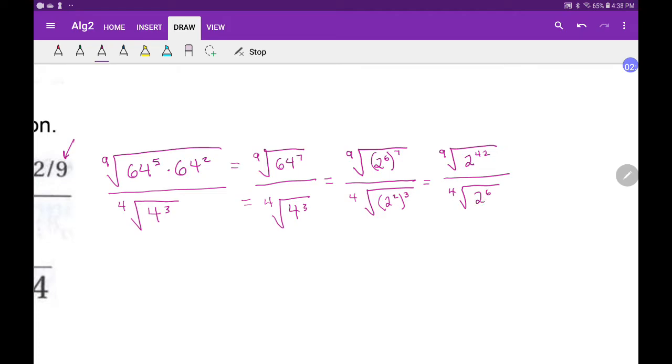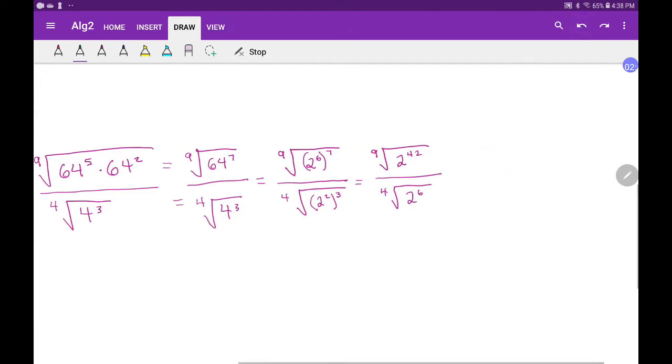All right, now here's the thing. The ninth root, we were talking maybe a little while ago about finding twins and triplets. Now we're looking for groups of 9. How many groups of 9 can I get out of 42? Well, 9 goes into 42 how many times? 4 times, right?